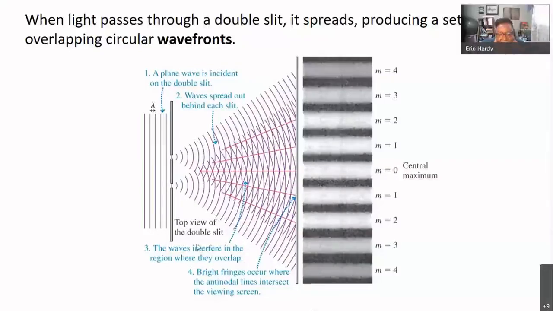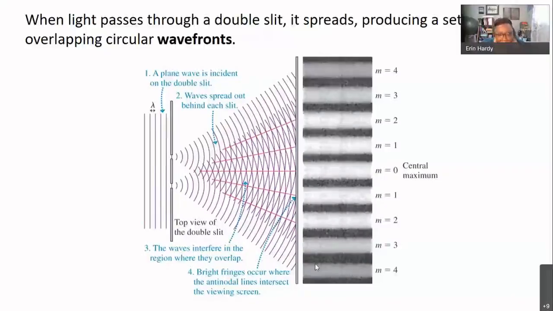Now, we don't have the nodes marked out here. But we do know that anytime a maximum from one aperture crosses over a minimum from the other, we should expect perfectly destructive interference. So that's the justification for these dark lines that show up on the screen. You have a peak that matches a trough, they cancel out.